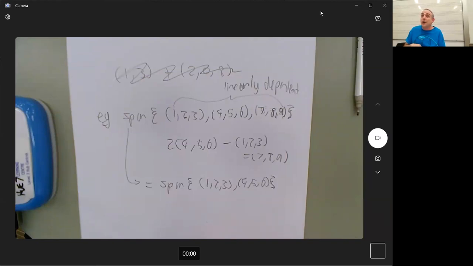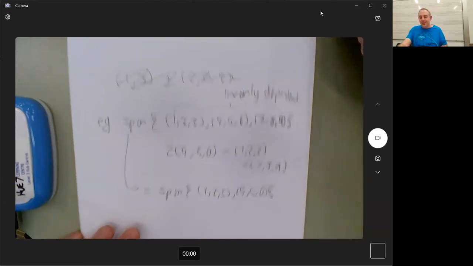And that's a lot of work. Just because you can't think of a combination that works doesn't mean there isn't one. And so we need a definition that is easy to check using procedures that we understand, such as row operations.